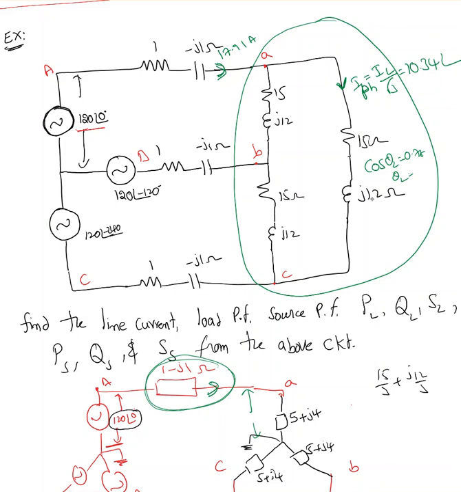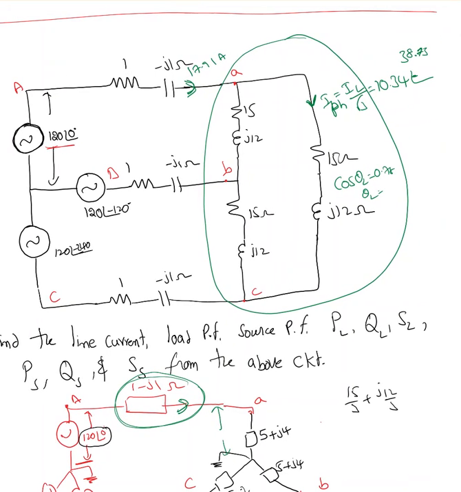Since it's an inductive load, it must be a negative angle, because the current is always lagging, right? Minus 38.73 degrees. So IPH equals 10.34 at an angle of minus 38.73.